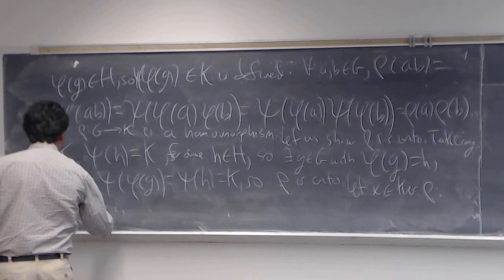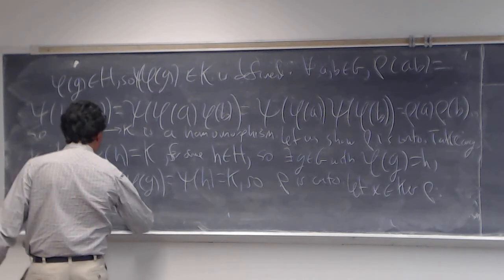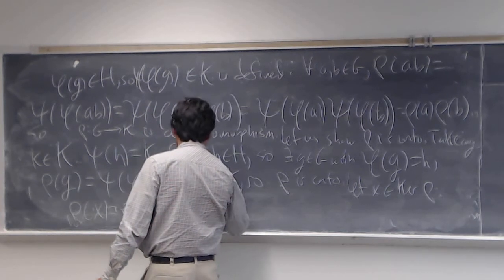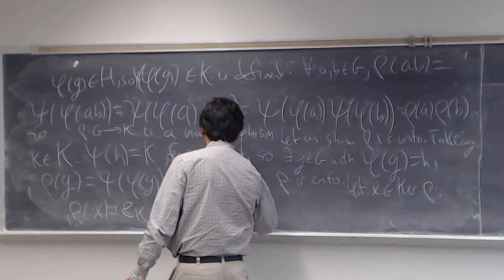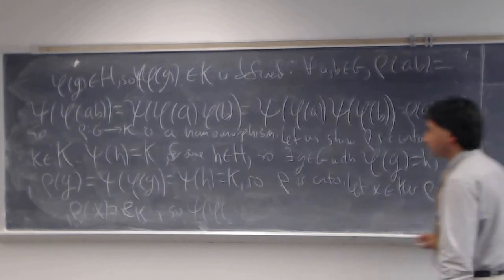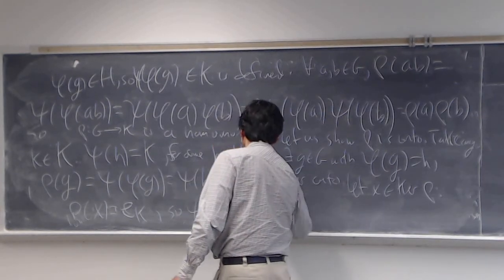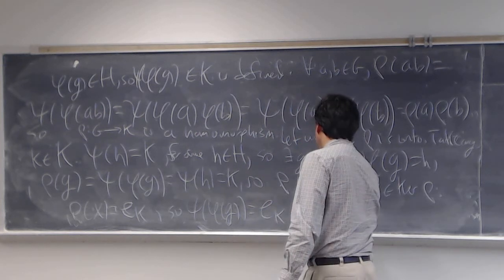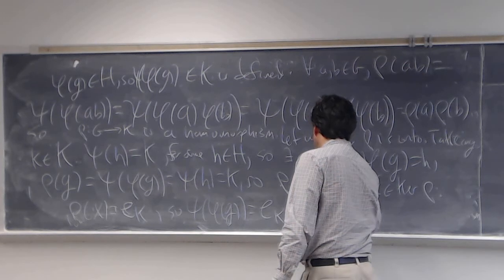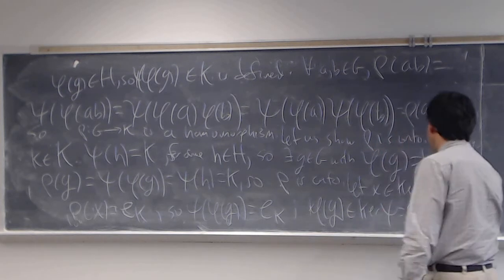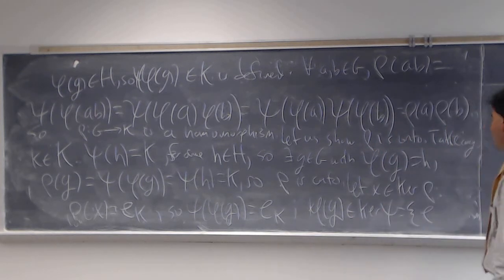So rho of x has to be the identity in K. By definition, that means psi of phi of x has to equal e of K, the identity element of K. But remember, psi is one-to-one, so this means phi of x has to be in the kernel of psi, and the kernel of psi only consists of e.